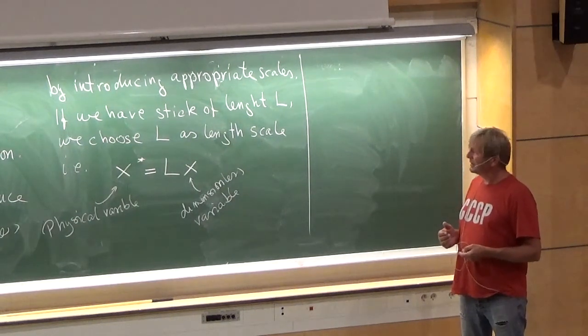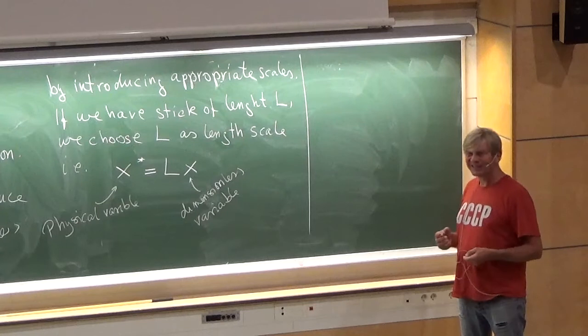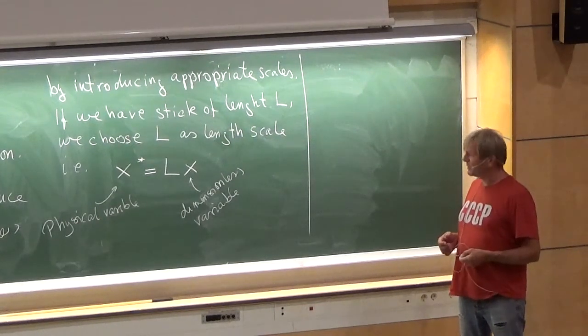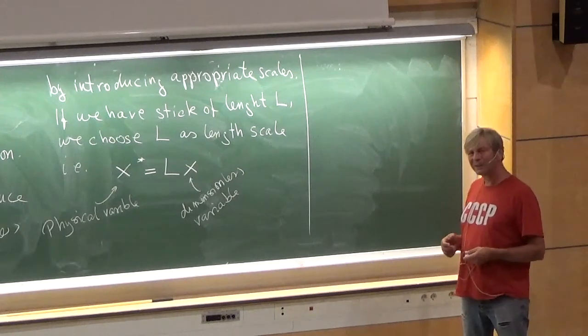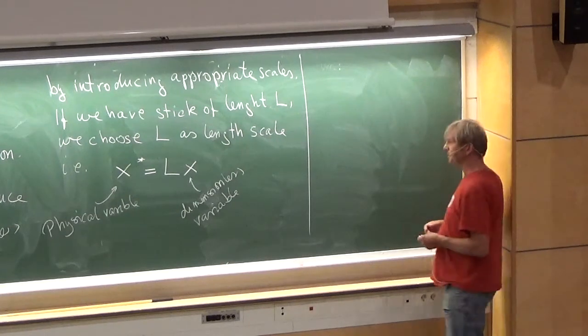So that's also a side of scaling. There is no absolute rule. It's not an art really, and it's not mystical either, but it's not always straightforward, depending on the complexity of the problem, of course.